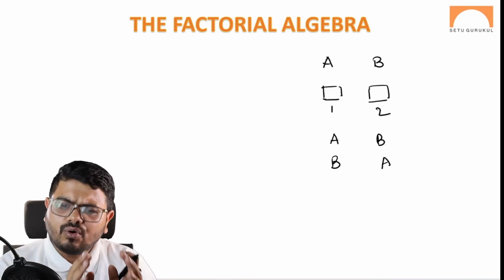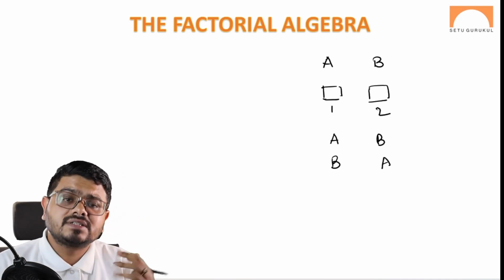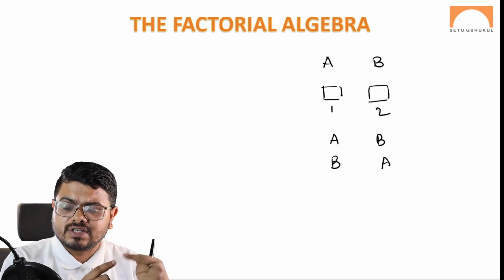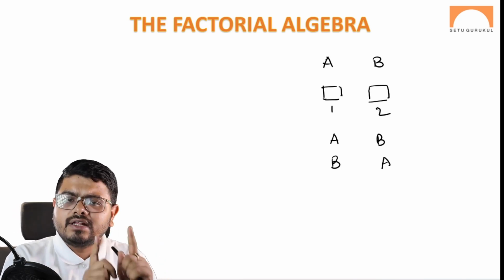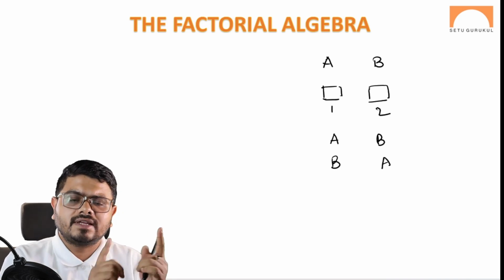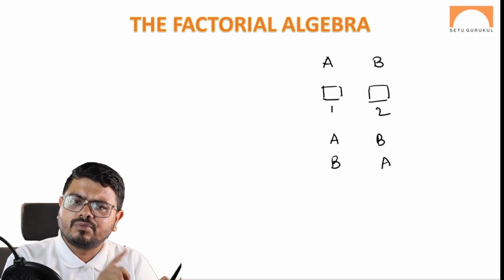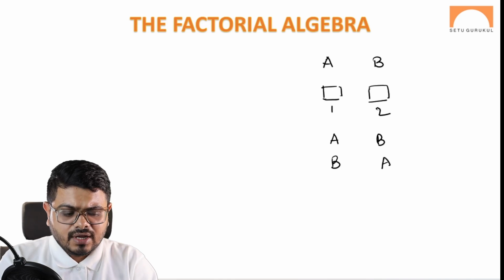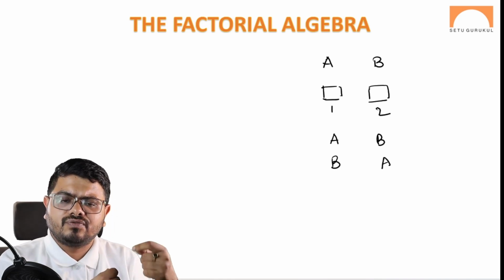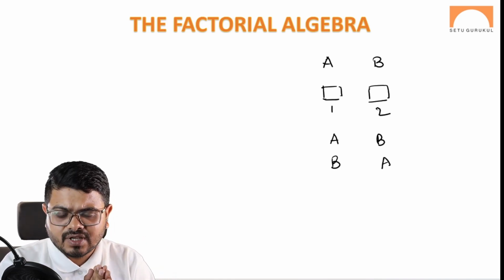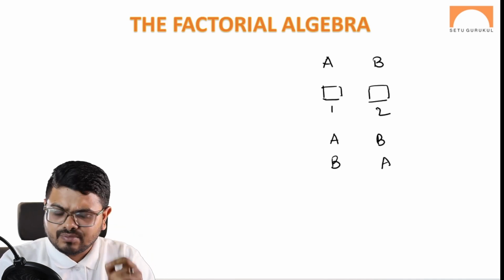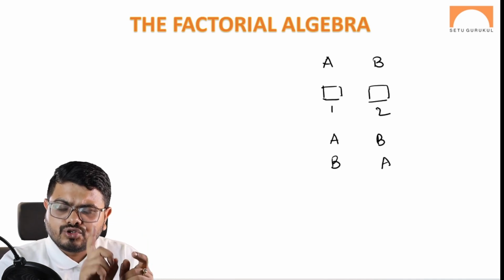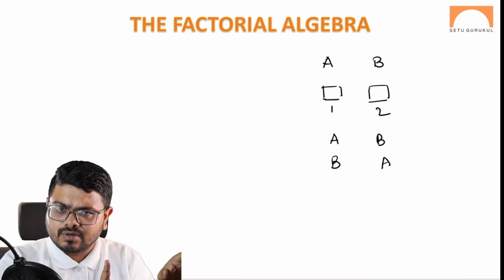Now, this is an oversimplified example, but I still want you to think of it in a certain algorithm. Instead of randomly thinking of it like A sits on 1 and B sits on 2, or B sits on 1 and A sits on 2, let us develop this habit of thinking in this manner. The first person comes up and chooses a chair of the total that are available.